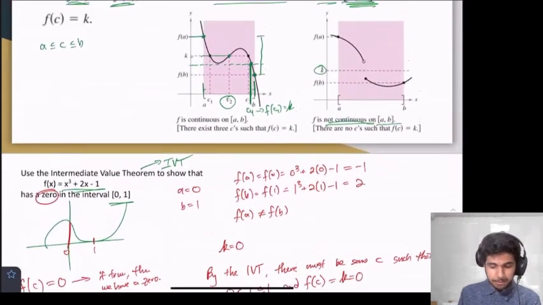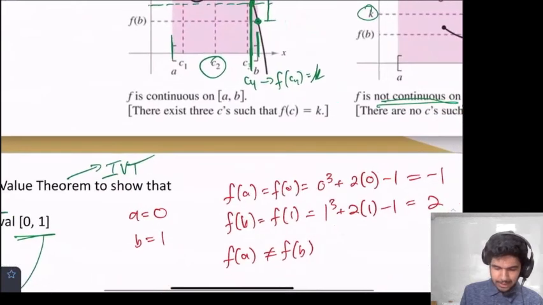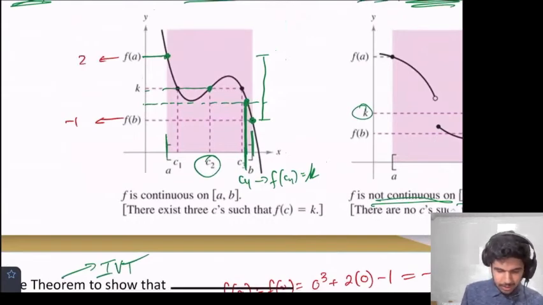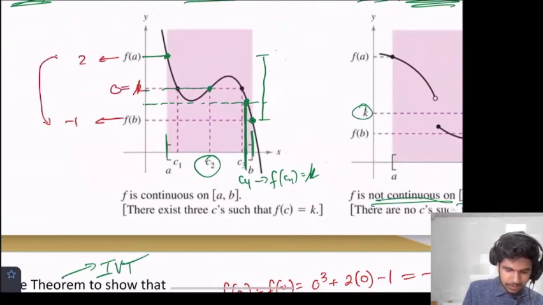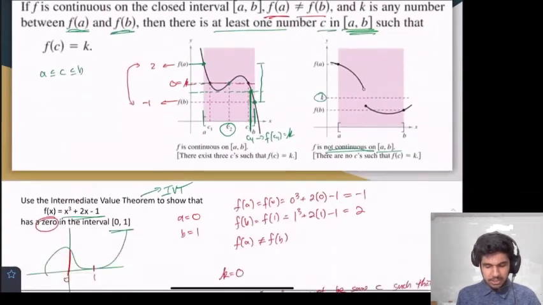It's a very similar thing to here, where we had f of a, in this case negative 1 and f of b, 2. And it's continuous, so there's a k right here, and this can equal 0 because it's in between these two values. So there must be some point on the function where evaluated at that point it's 0. So that's a good use of the IVT.